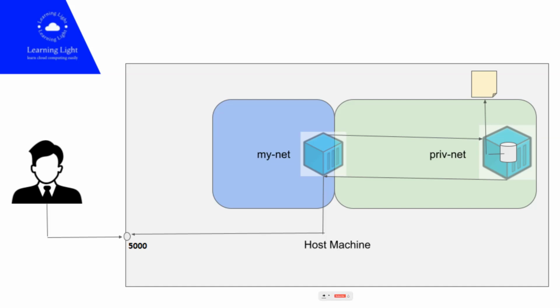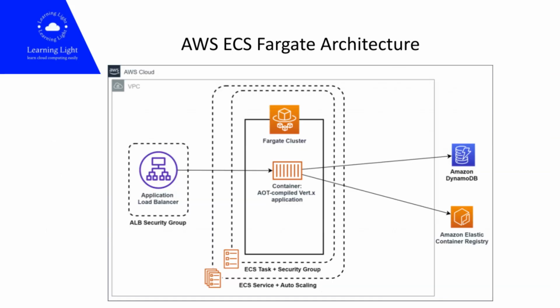Now, this Docker image we are going to deploy in the AWS environment. And in the AWS environment, we will use ECS, Elastic Container Service. ECS is the container orchestration service in AWS.